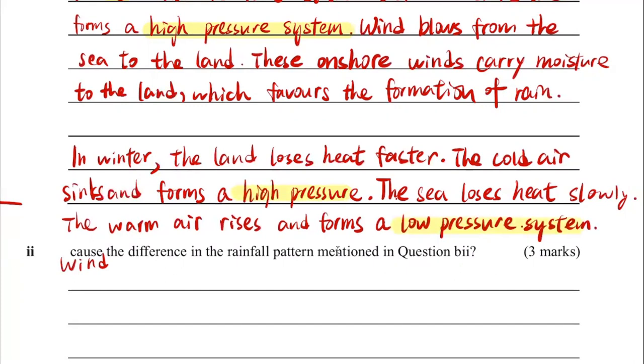So in this case, in winter, the wind blows from the land to the sea. So the land is very dry. As a result, the wind carries little moisture or even no moisture.